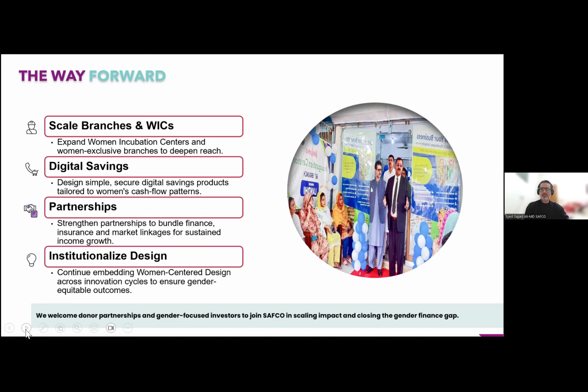This doesn't mean that we have excluded males from our portfolio. There are some specific customized products for males. But the focus on women is supporting the entire society as well as the household.